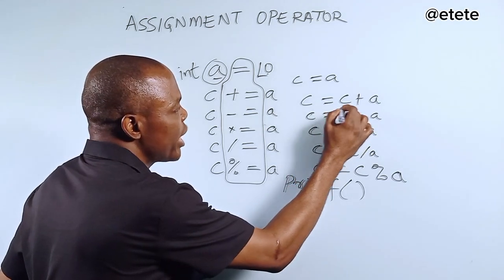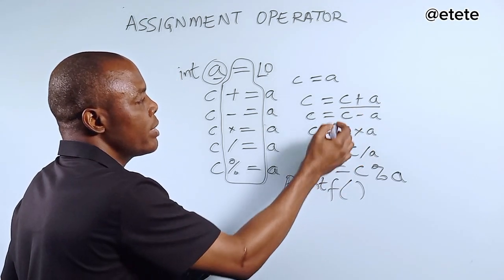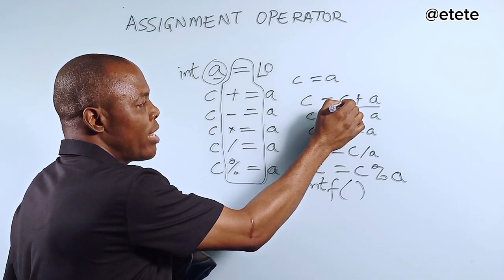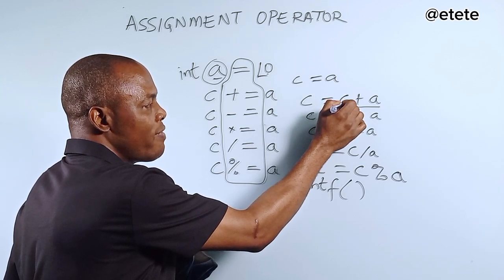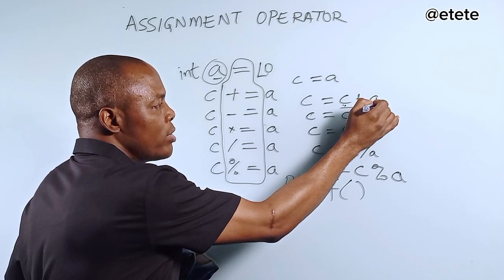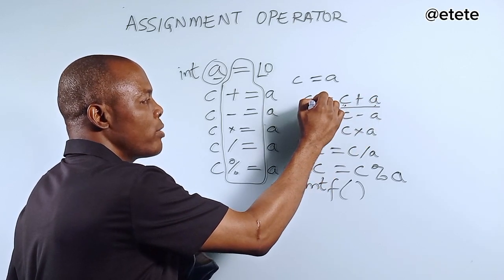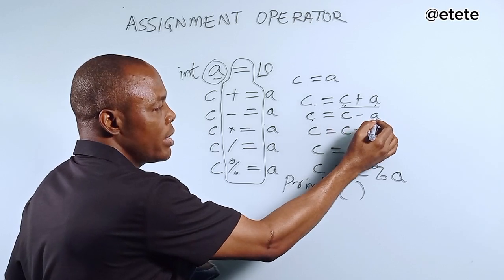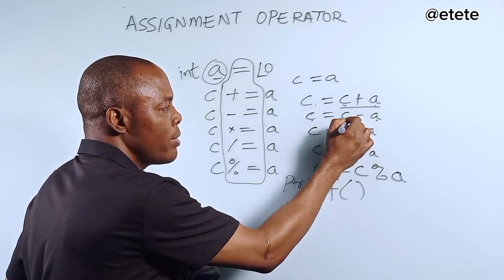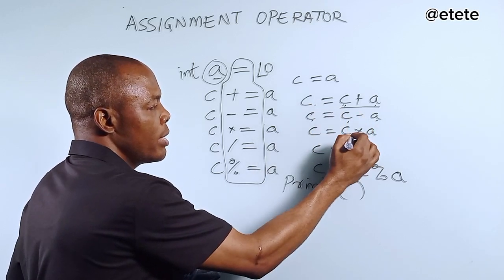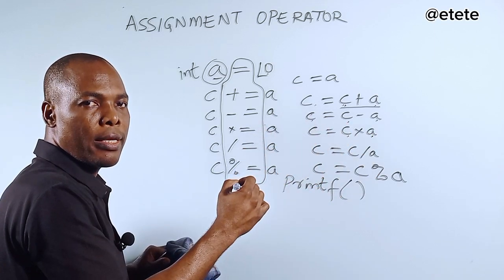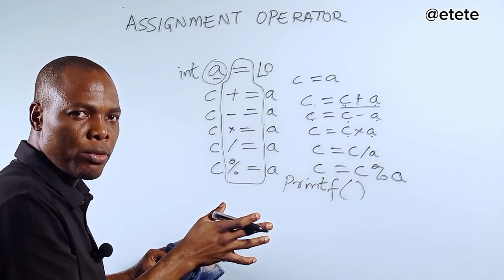So looking at this expression, I am saying go to the memory location that you have allotted for this C. Whatever value is in it, add it to this one, then reassign it back to this. Do the same thing here, reassign it back to this, meaning take this value from this value and then reassign it back to this. Then multiply this value and this value together and reassign it back to this. That is basically what I'm doing.